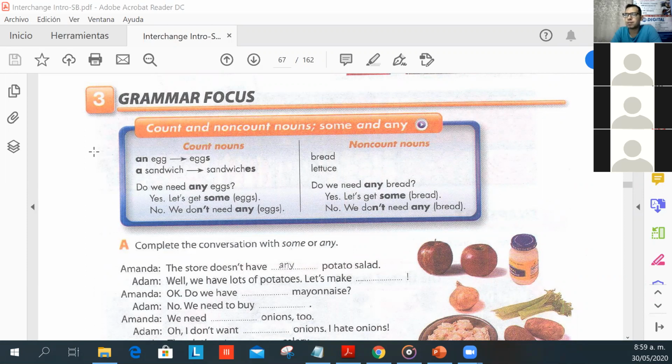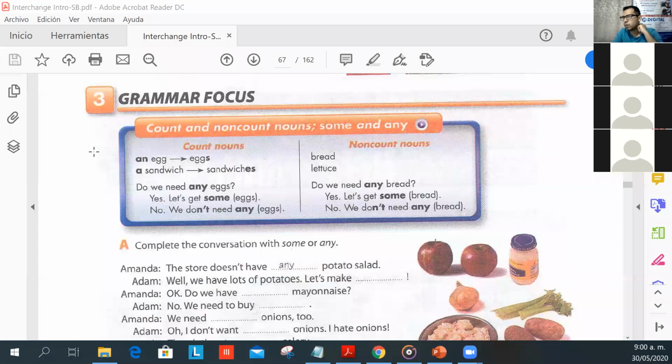For instance, we have bread. Bread is non-countable, in English at least. We have lettuce. Lettuce, it's a vegetable, and we cannot make it countable either.